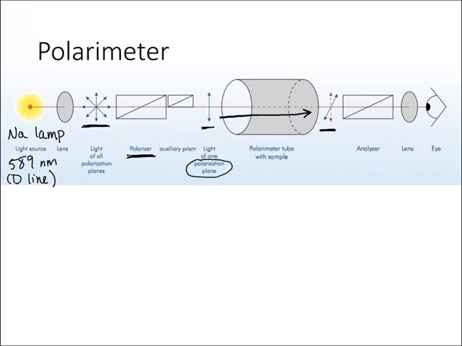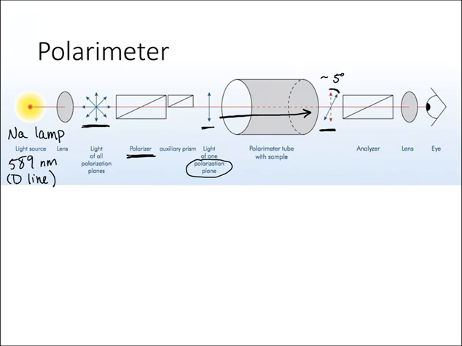Instead of pointing up and down, now it's more diagonal. Then we can measure the angle difference between our original polarization plane and the resulting plane. That might be something like 5 degrees, maybe 10 degrees. Finally, that will pass through a lens, and we will measure the degree of rotation.